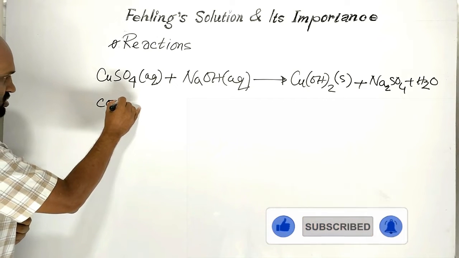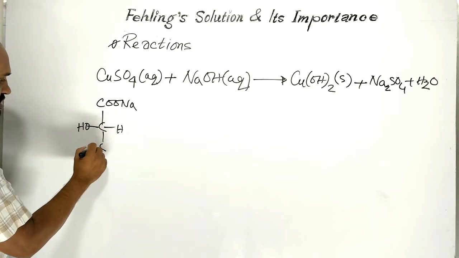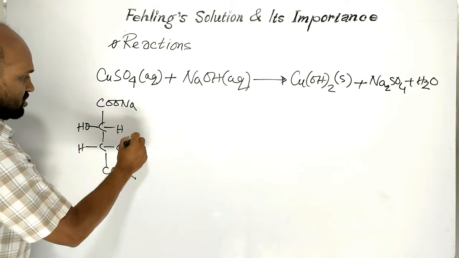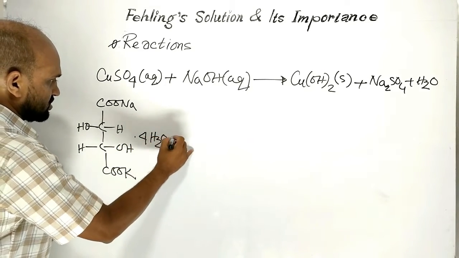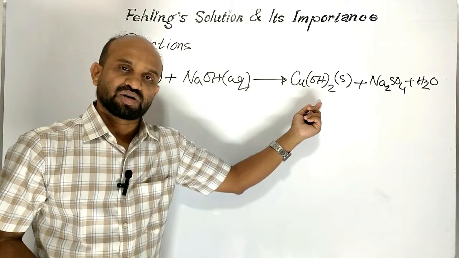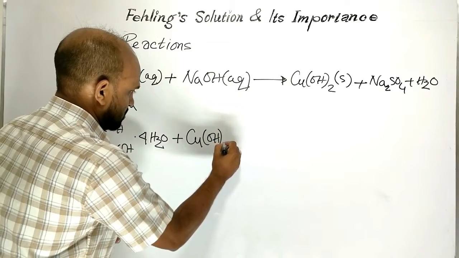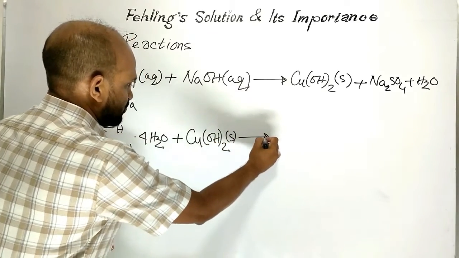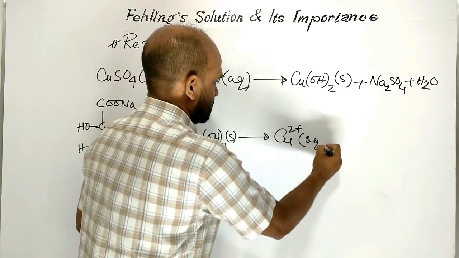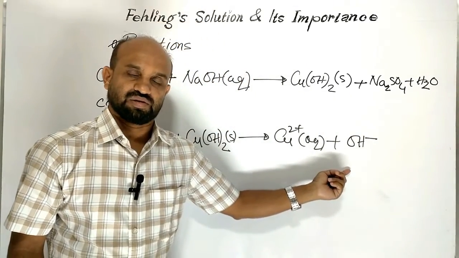Rochelle salt, sodium potassium tartrate tetrahydrate. This Rochelle salt dissolves copper hydroxide in the solution to form copper 2 plus ion and hydroxide ion, simply we can write it.